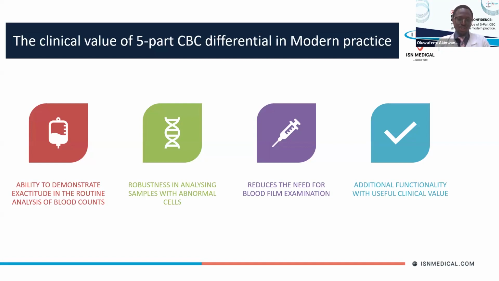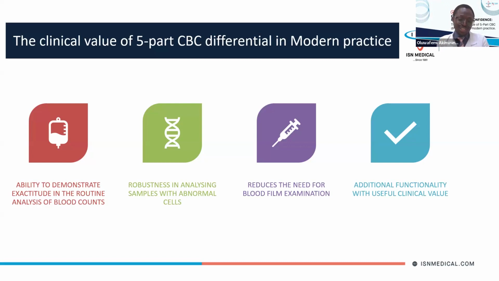At times, depending on the sophistication of your equipment, they can even tell you that it's a blast based on the functionality that has been inbuilt into the analyzer. So you see some printouts, it will do some interpretation: lymphopenia, lymphocytosis, neutrophilia, and some they will put query blasts.